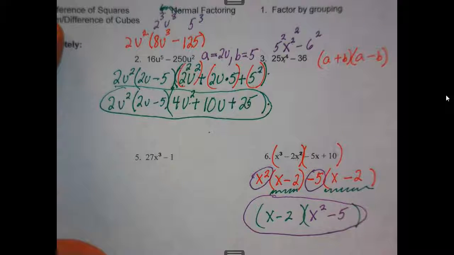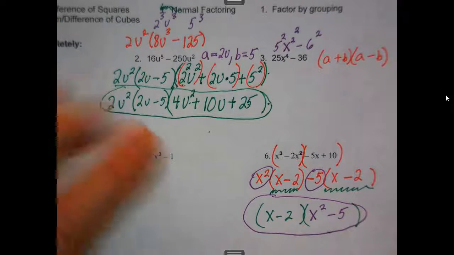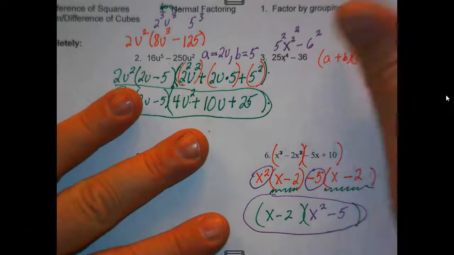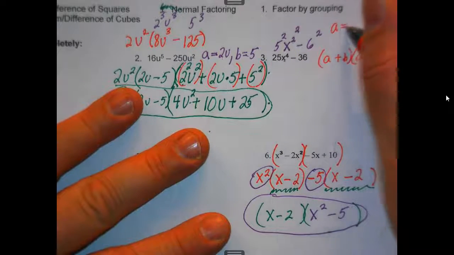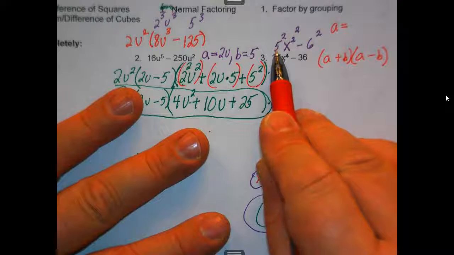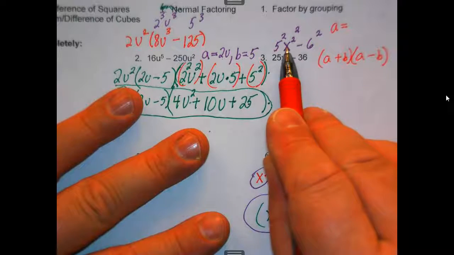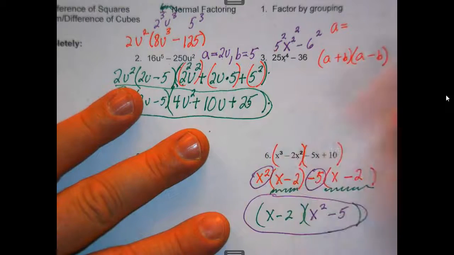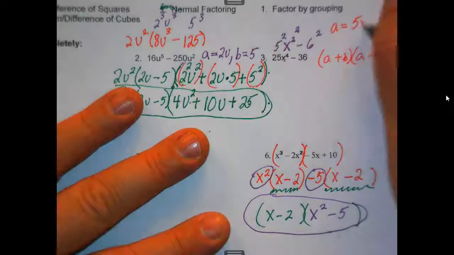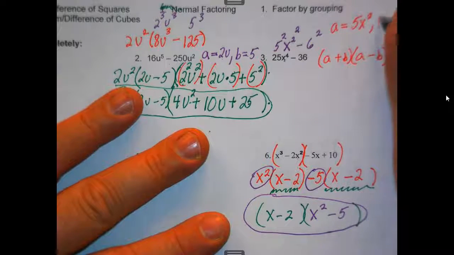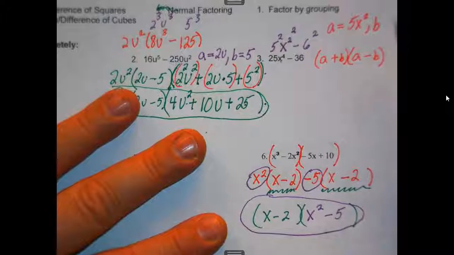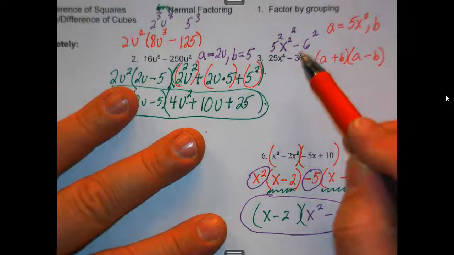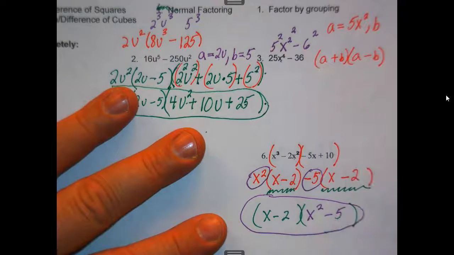This is one that we learned last semester. Okay? So my a here is what? 5, the base 5x squared. My b, this problem's review. My b is 6, the base 6.